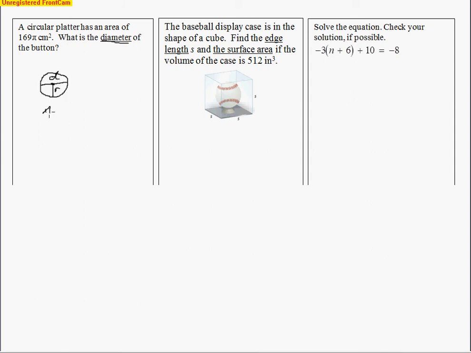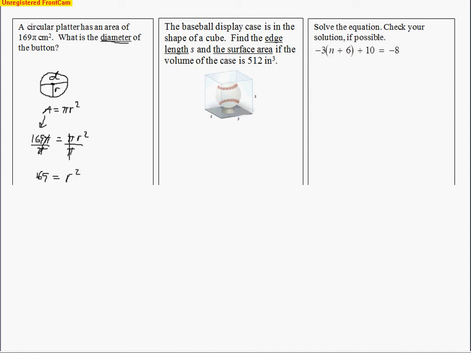The area formula is pi r squared. And so I'm going to change the A to 169 pi, because that's what the area is, and then I have pi r squared. So when I go ahead and divide by pi, the pi's are going to cancel out, and I'm left with 169 equals r to the second power.